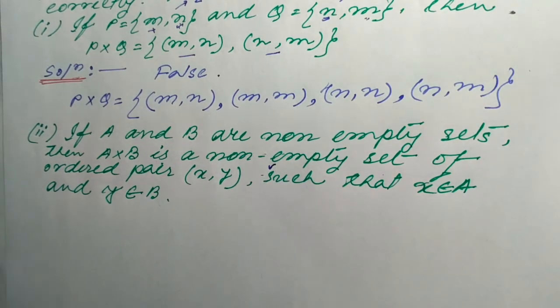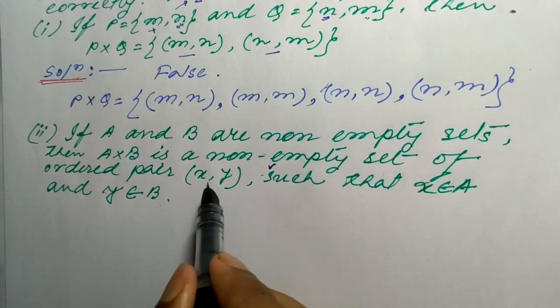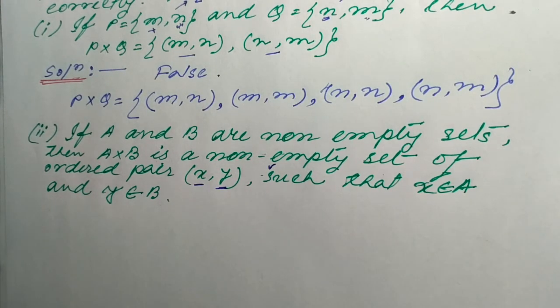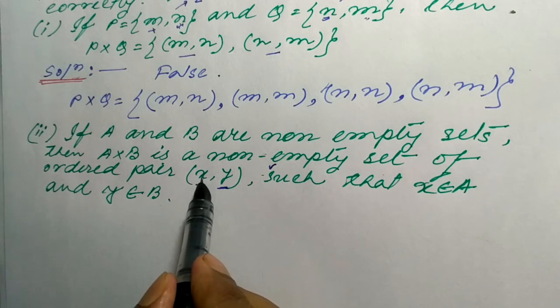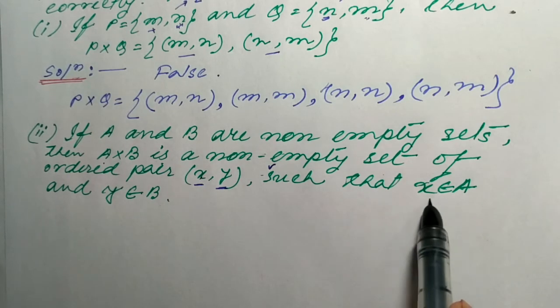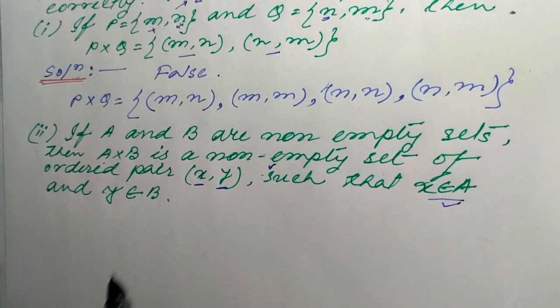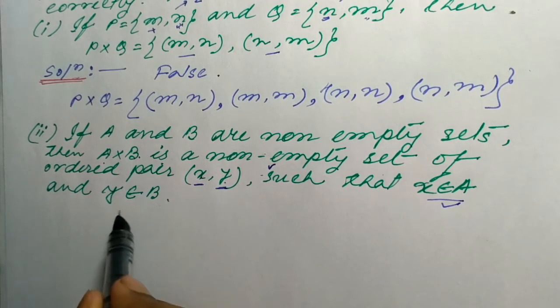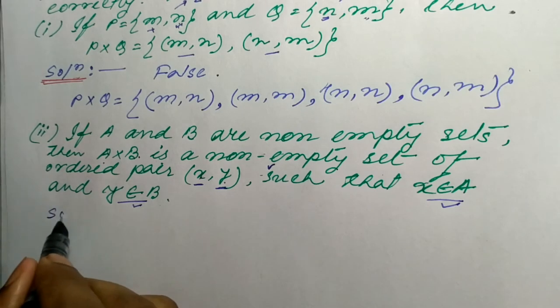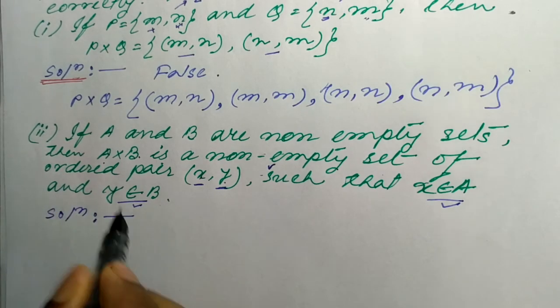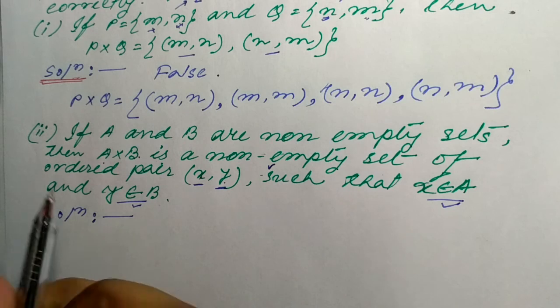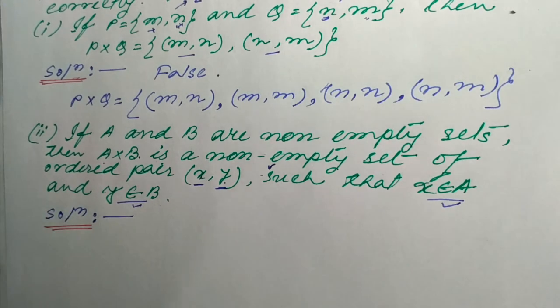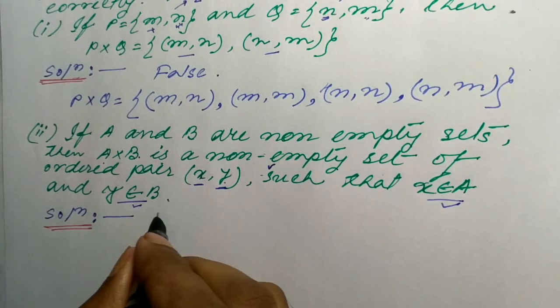That's true. In an ordered pair (x, y), x must belong to A and y must belong to B. Therefore our solution is: True.